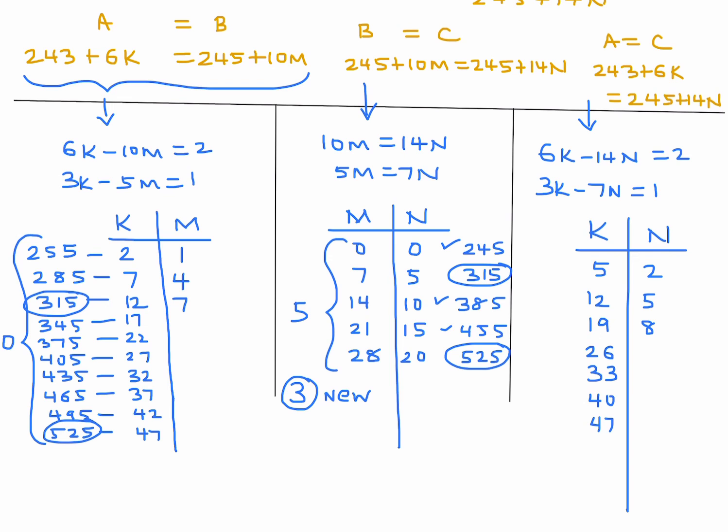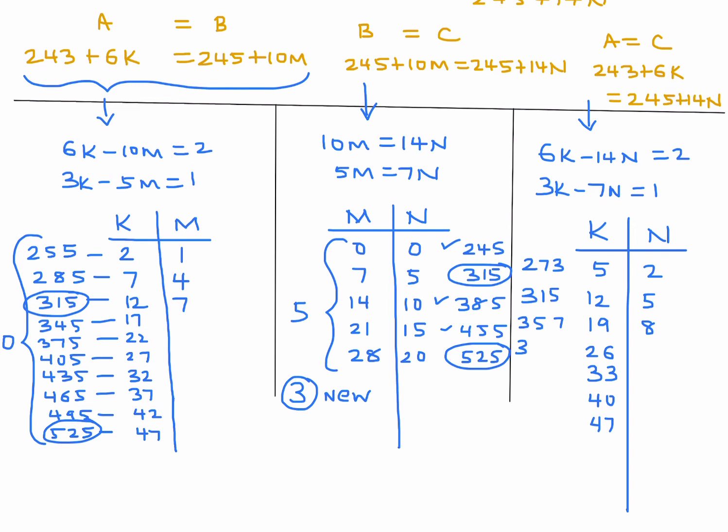So the times, plugging back into here, for k is 5, it'll be 243 plus 30, which is 273. And then same thing, 315, 357. It looks like I'm adding 42 every time.